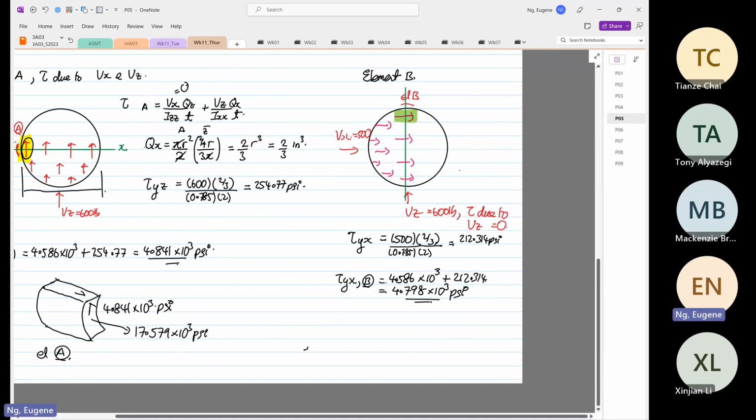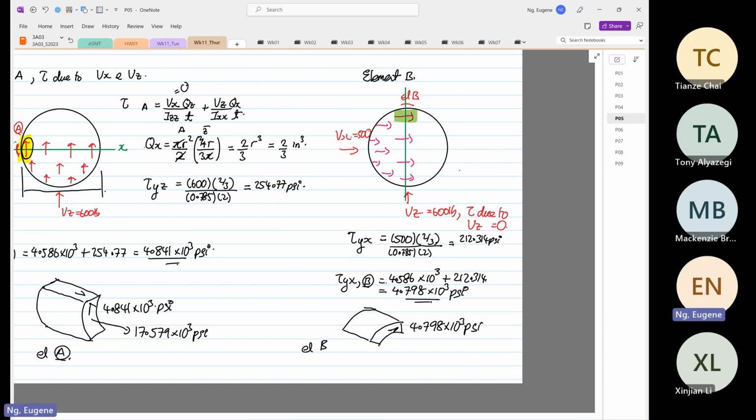Now, if we were to draw element B, right? So element B, the orientation is different. And we have a shear in this direction, right? And the shear is 4.798 times 10 to the power 3 psi.